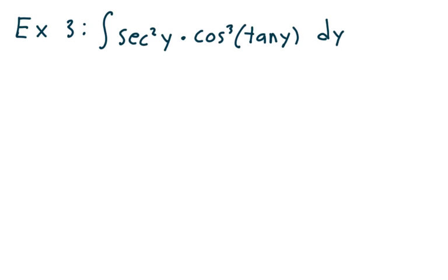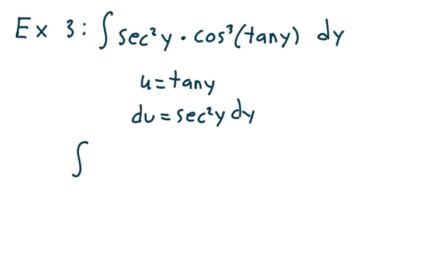And so right away, I know that the derivative of tangent y is secant squared y. And so I'm going to simplify this by letting u be tangent y. du is secant squared y dy. And so this gives me the integral of cosine cubed u du.